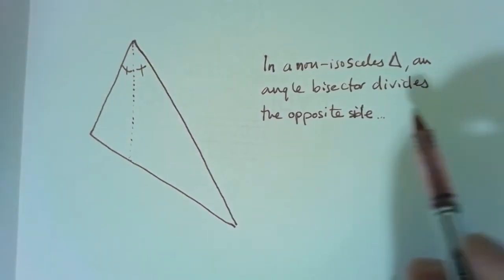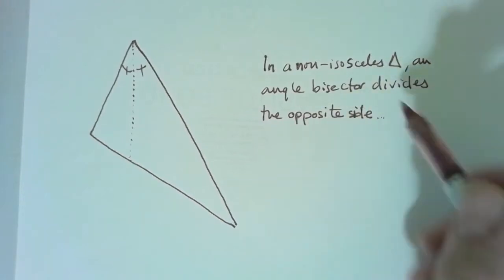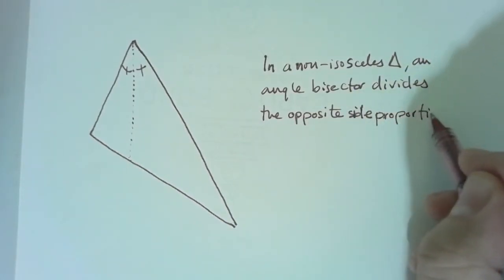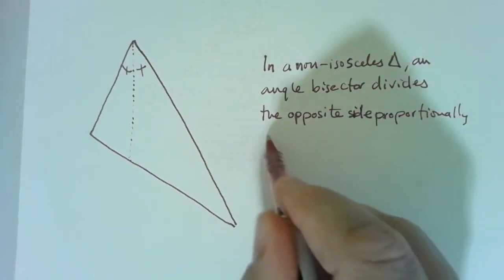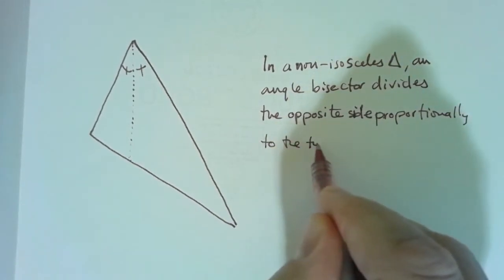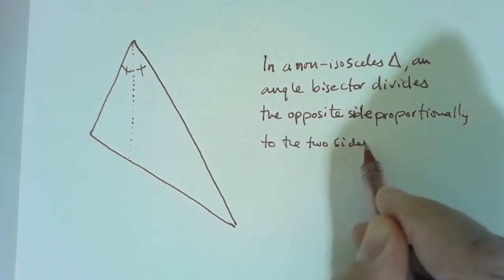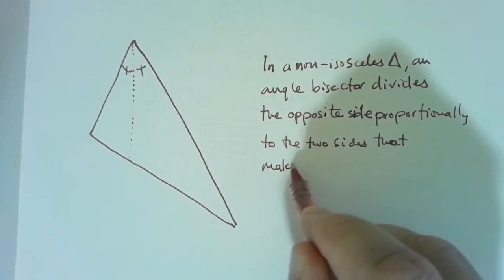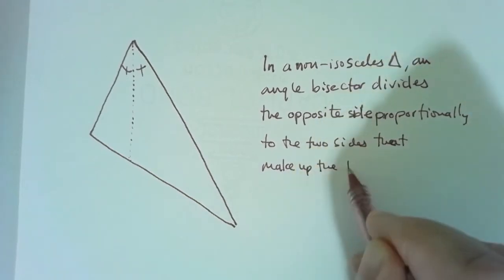So, in a non-isosceles triangle, an angle bisector divides the opposite side proportionally to the two sides that make up the bisected angle.